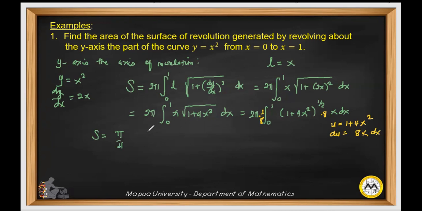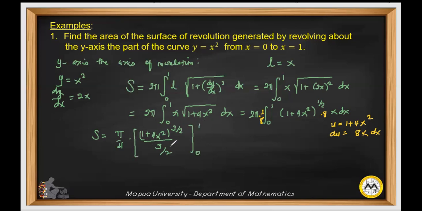And by power formula of integration, that gives us 1 plus 4x squared raised to 1 half plus 1, which is 3 over 2, over 3 over 2. And we have to evaluate this from 0 to 1.